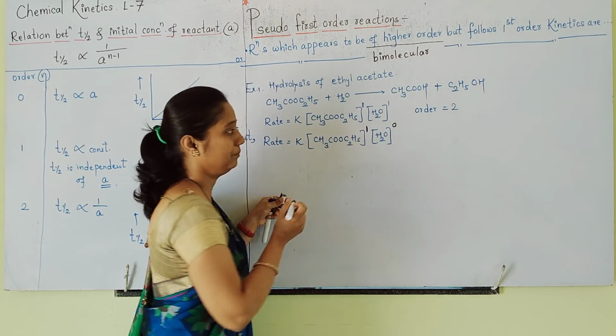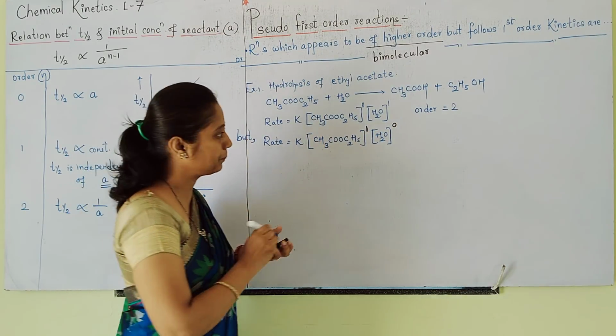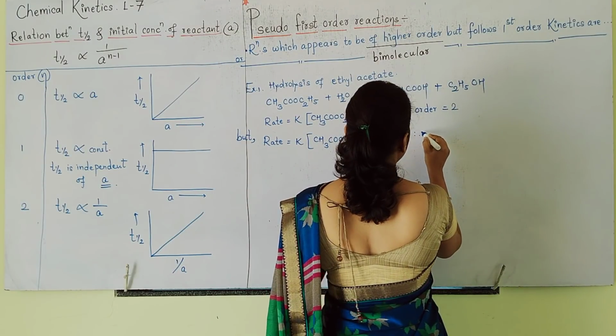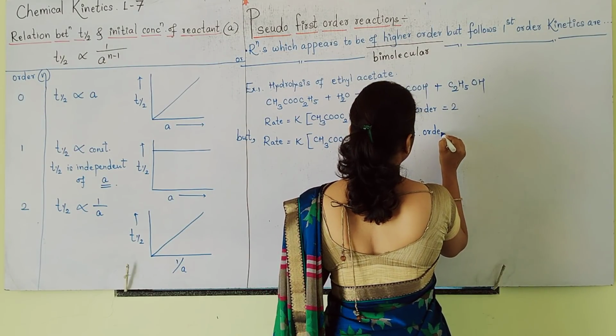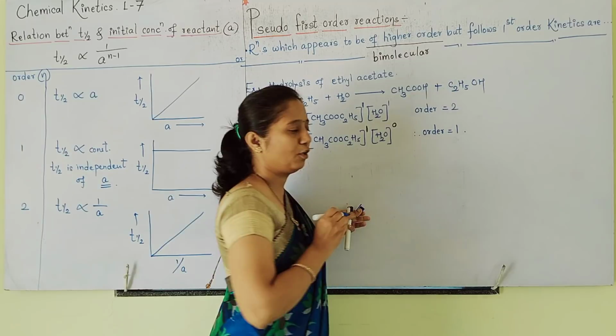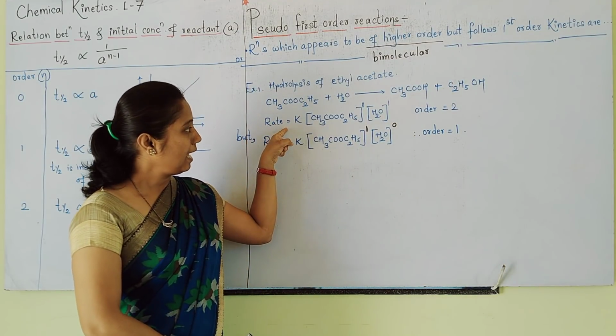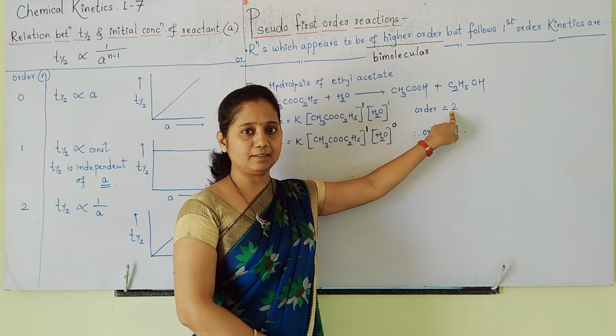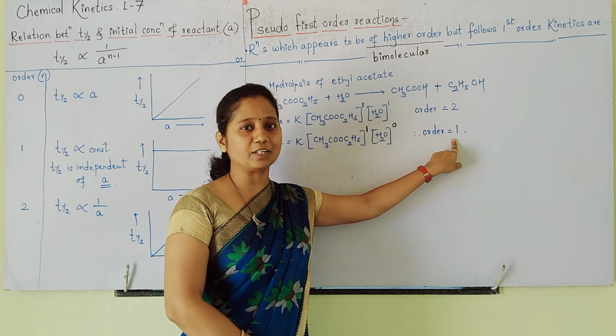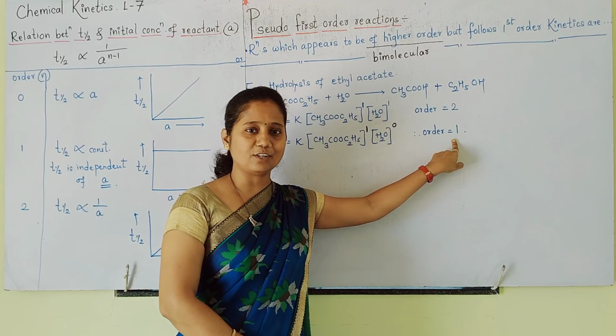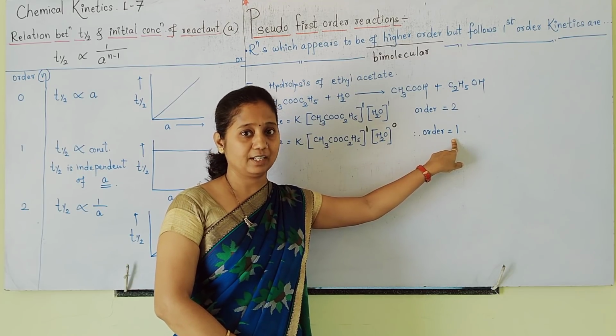It is 1. Now student, tell me what is order? Sum of exponents. But actual order is 1. Appears of higher order but follows first order kinetics. Such a reaction is called pseudo first order reaction.